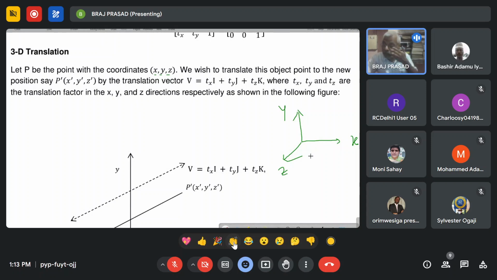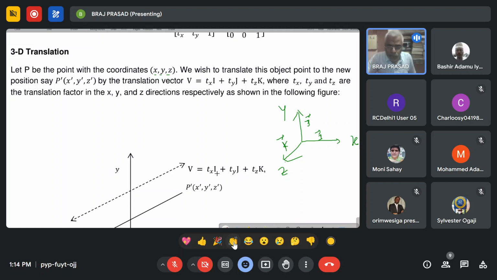The direction of x is i, the direction of y is j, and the direction of z is k. i, j, k are the vector directions for x, y, and z.